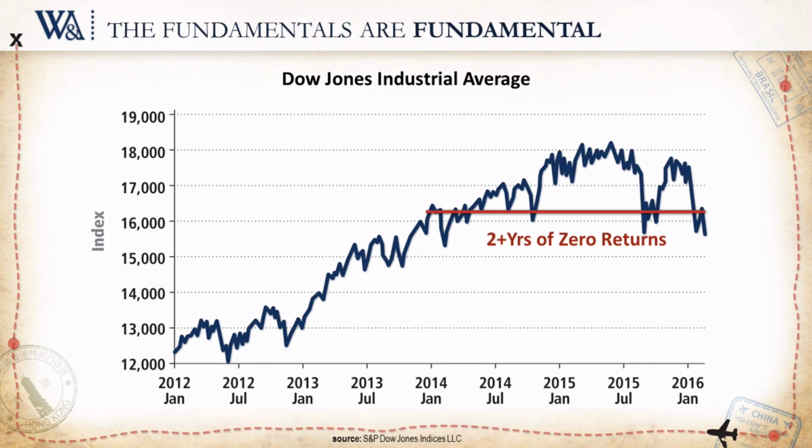It's been a very difficult environment. But basically our thought is that 2015 and returns so far in 2016 have been a give back for what I said was kind of the unjustifiable returns that we got from the S&P in 2014. And so going back now all the way to December of 2013, the Dow Jones Industrial Average hasn't really gone anywhere.